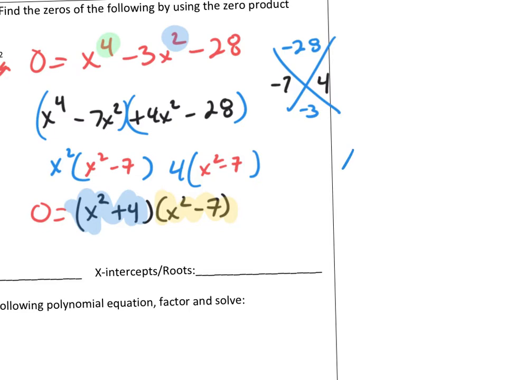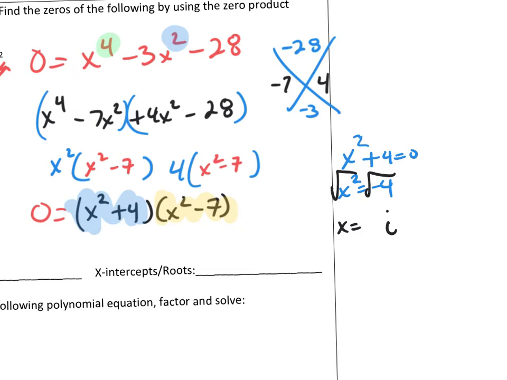So in blue, we have x squared plus 4 equals 0. We'll go ahead and subtract my 4 over to give me x squared equals negative 4. Then we're going to square root and square root. But square root of x squared is simply x. Square root of any negative number we know is i.